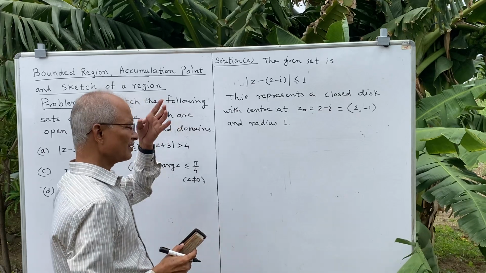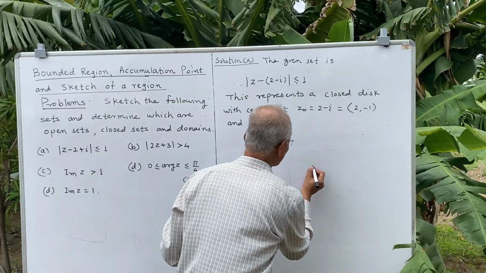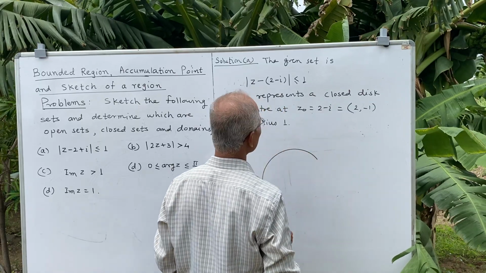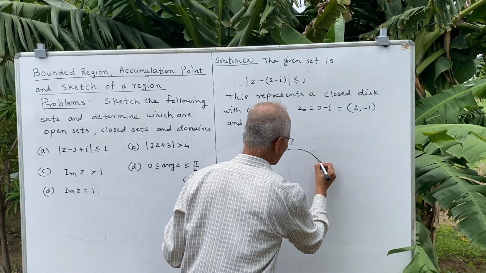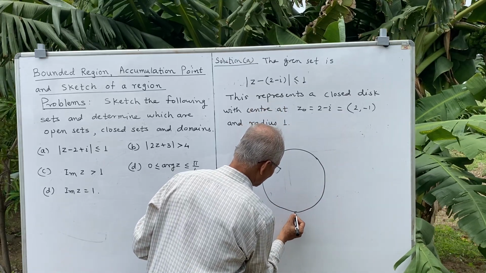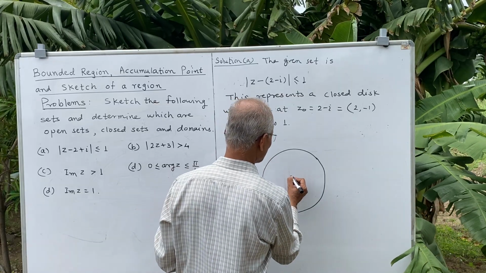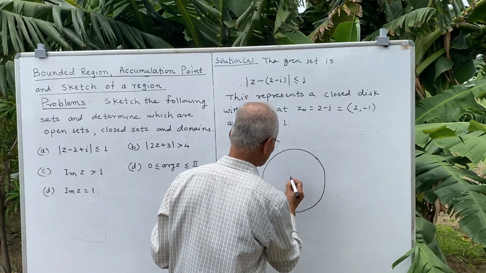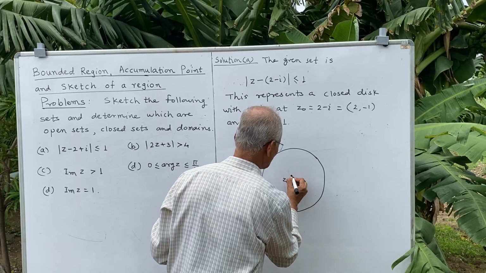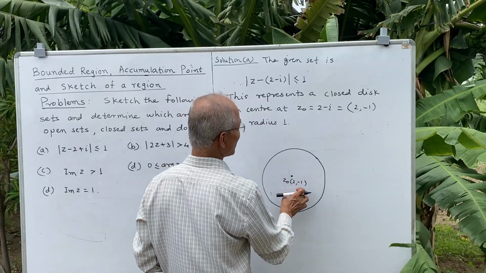So this is the meaning, and therefore we first consider a disk, and it is closed. So we will show it with this dark line. Boundaries are closed, and its center is z0, (2, -1), center of the disk, and the radius is 1.